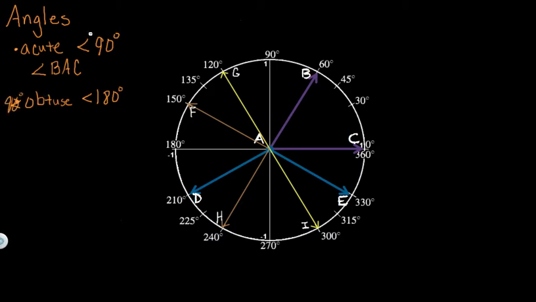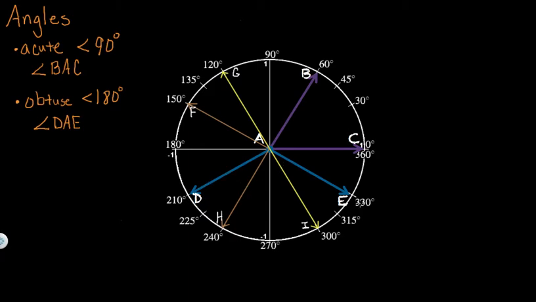An example of an obtuse angle is the blue angle we see here, and this is angle DAE. We see that DAE is less than 180 degrees, but it is more than 90 degrees.